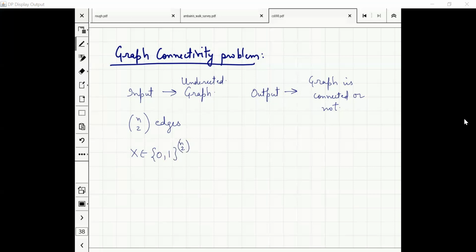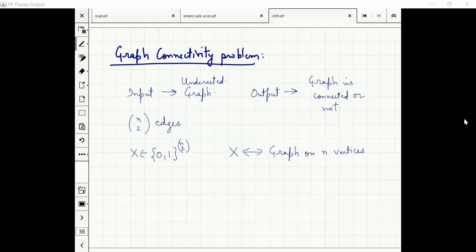So it is clear that every x of this kind describes a graph on n vertices. We assume some ordering of edges. Think of the adjacency matrix and you go row-wise or column-wise. You can decide what your ordering is, but once you fix an ordering, every x here gives me a graph on n vertices. Fine with that?